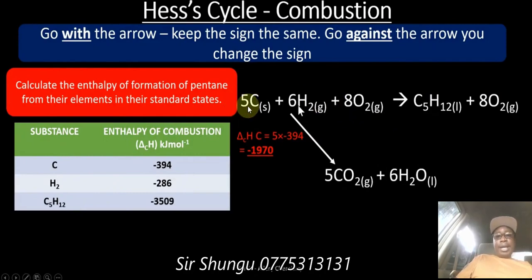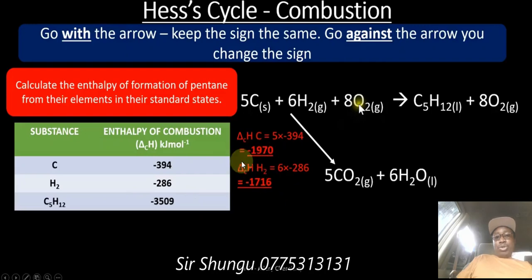Okay, so we are burning here 5 moles of carbon. So the enthalpy change for the combustion of carbon is negative 394. So we're going to have to say 5 times negative 394 to get a total of 1970 here. And then we have 6 moles of hydrogen. So we now have to say 6 times negative 286, and we get a total of 1716.